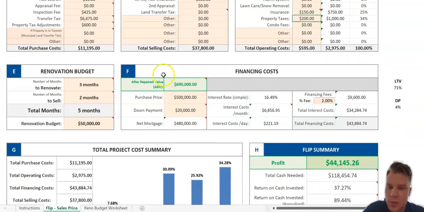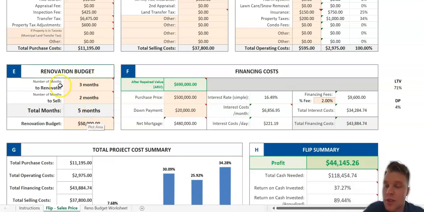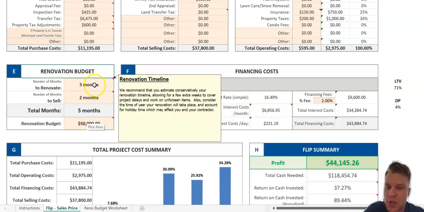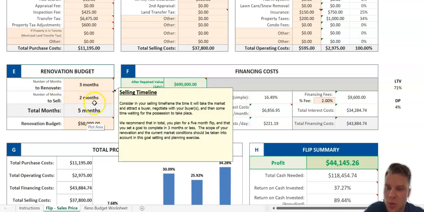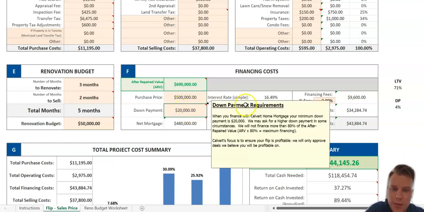So now moving on to the meat and potatoes of this, we have all the variables that are responsible for your renovation. So we have months to renovate, which is 3 months, months to sell, which is 2 months. So the total for this deal is a 5-month duration. Renovation budget of $50,000. In this example, the borrower is buying for $500,000, putting $20,000 down.